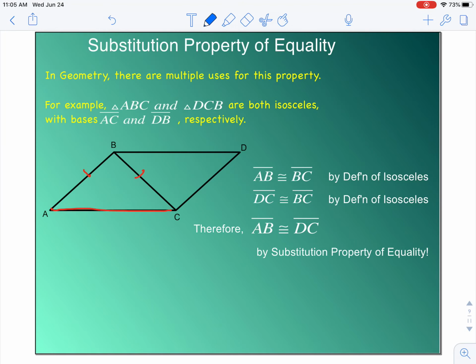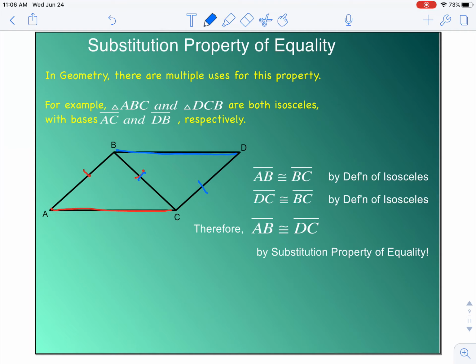And in this triangle, if DB is the base, then these are the congruent legs.